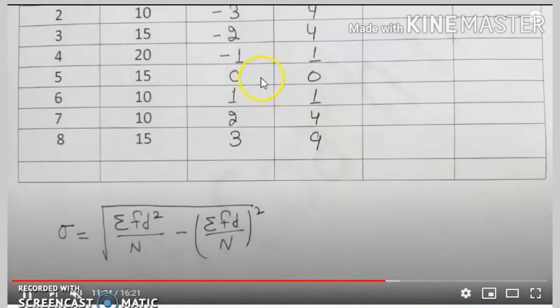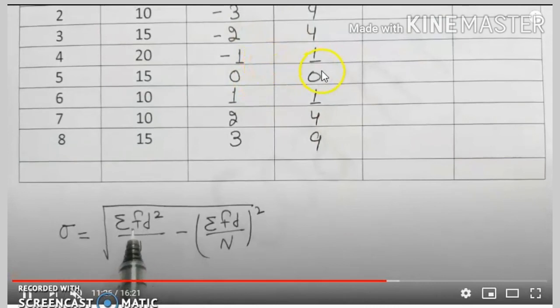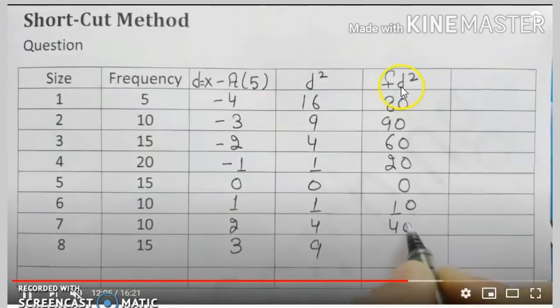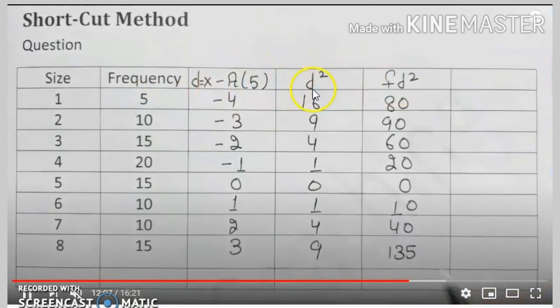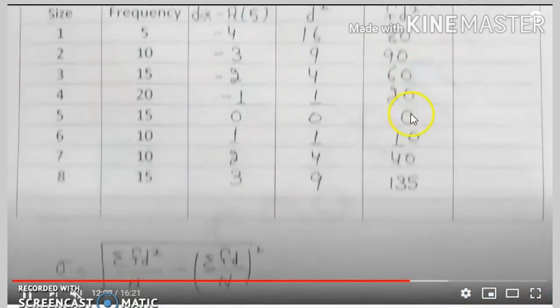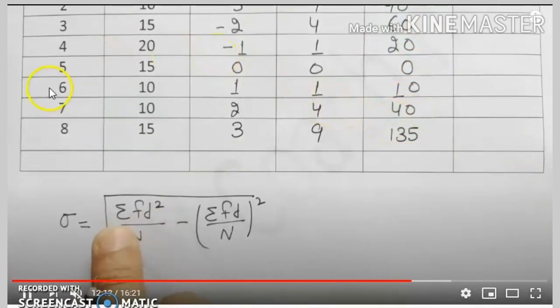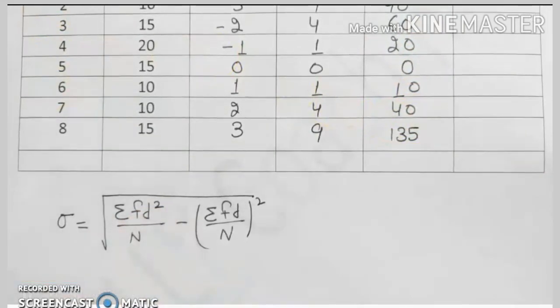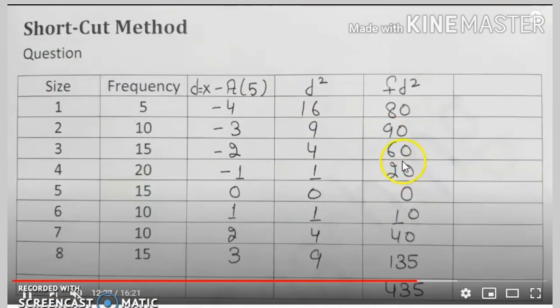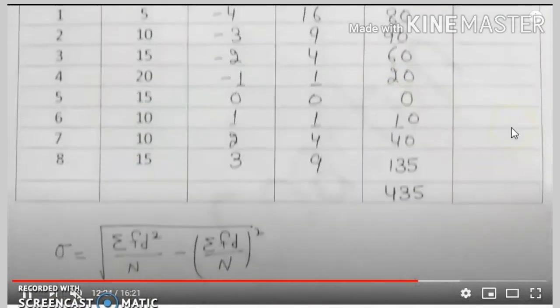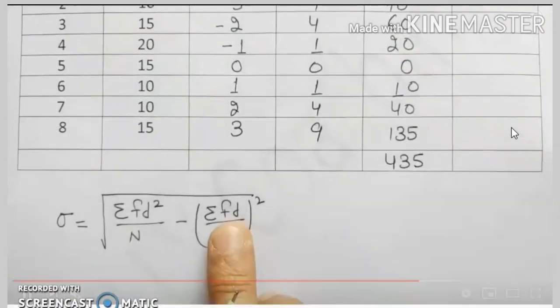So that is the square of the d column. Then we need the fd square column, that is the f column into the d square column. So the answer is 80, 90, 60, 20, 0, 10, 40, 135. So as per the formula, the total of this is 435. So 435 is sigma fd square.